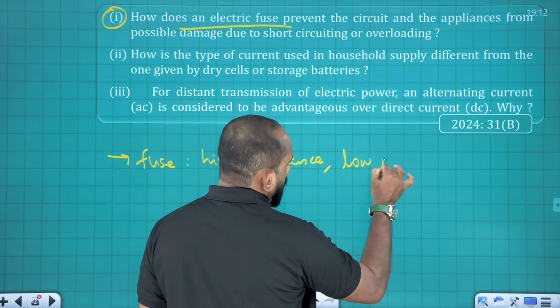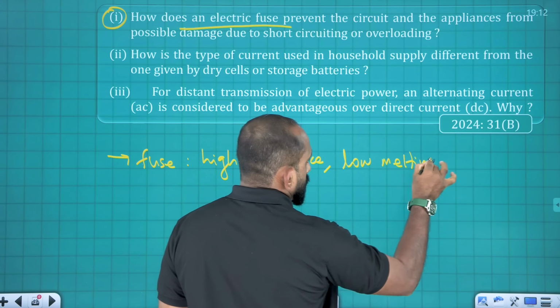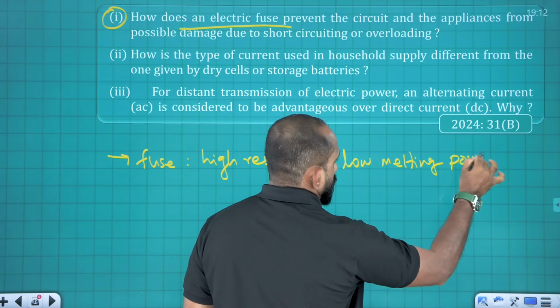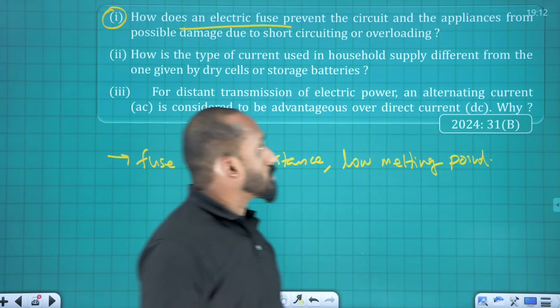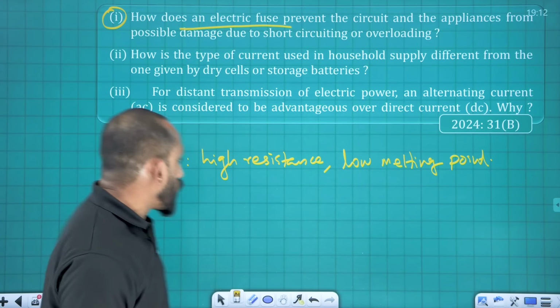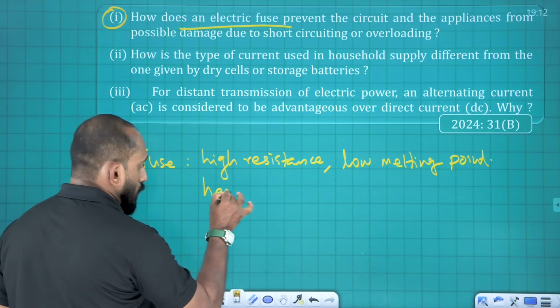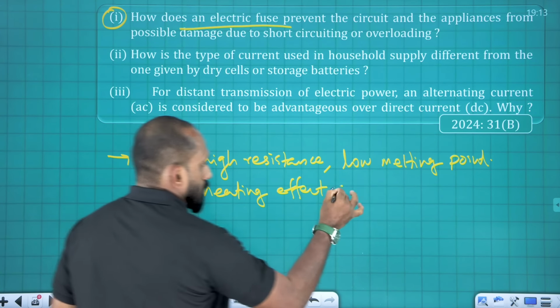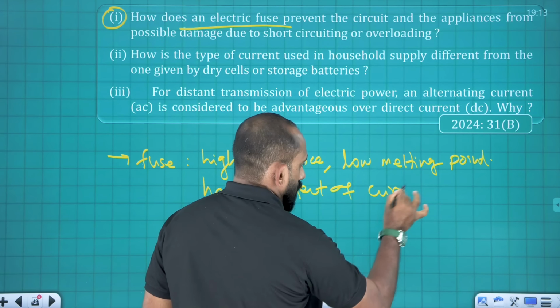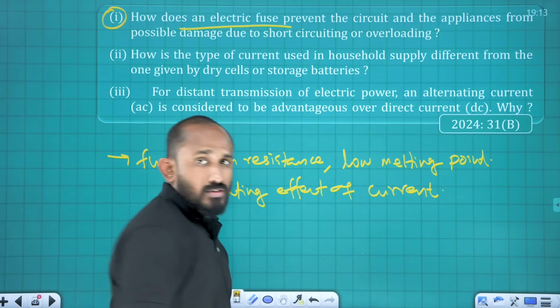Then low melting point. Important. Then how does it prevent the circuit? It works on the heating effect of electricity.